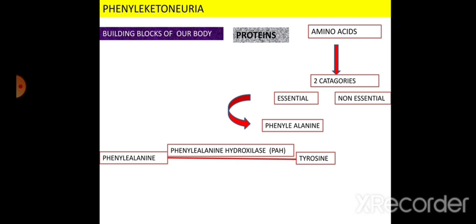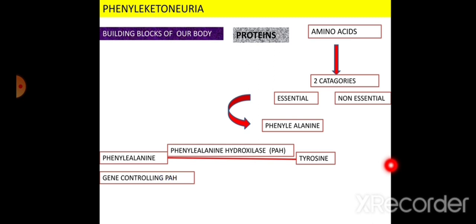The gene responsible for the synthesis of phenylalanine hydroxylase is situated on chromosome number 12. If that gene undergoes mutation, there will be no synthesis of this enzyme, due to which phenylalanine will not get converted into tyrosine and gets deposited in the blood, leading to a disease called phenylketonuria.